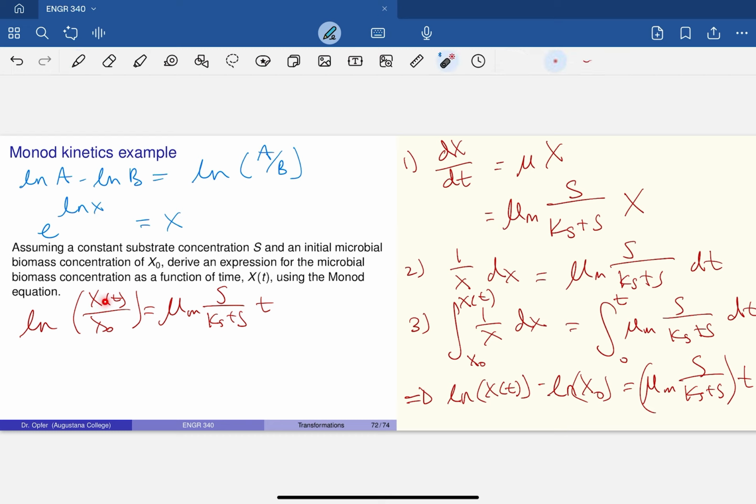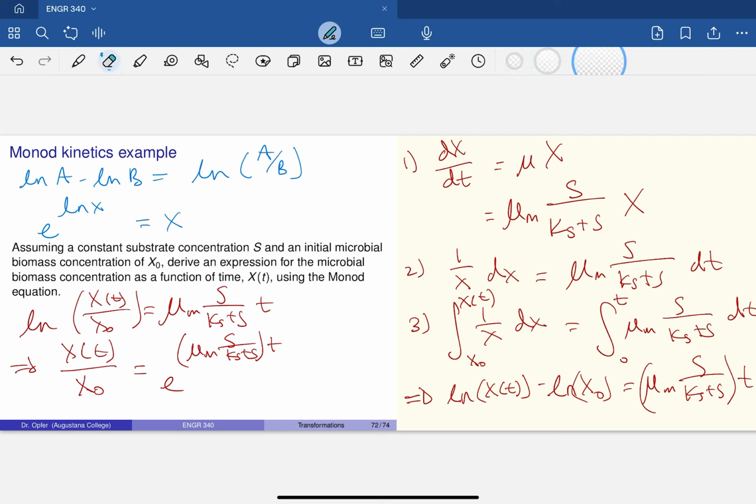So what we need to do is get this X of t outside of this natural log. And we know that we can do that by taking e to both sides of the equation. So if we do something to one side, we have to do it to the other. So that gives us X of t over X naught is going to be equal to e raised to this entire power. So mu m S over Ks plus S, and we've got a t up there.